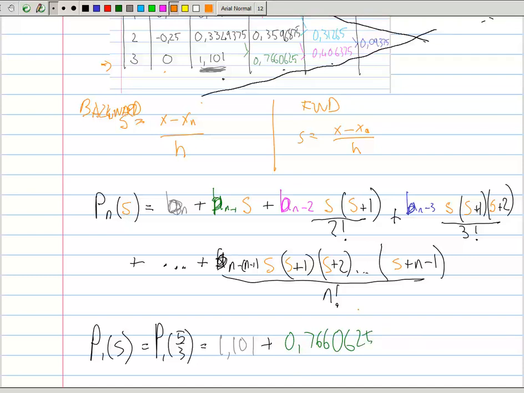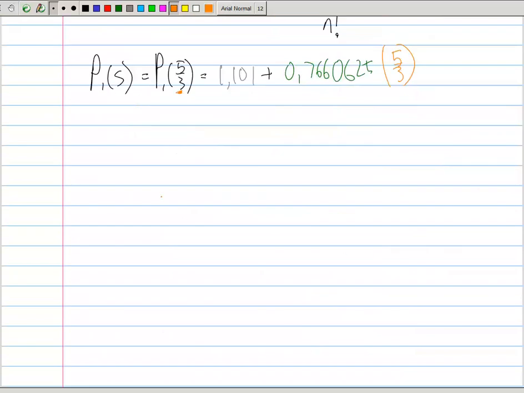And in this case, s is our 5 over 3, not 5.3. So multiplied by 5 over 3. And if we work that out, we will get our approximated value. Again, I'm not going to work this out, but exactly the same process applies.